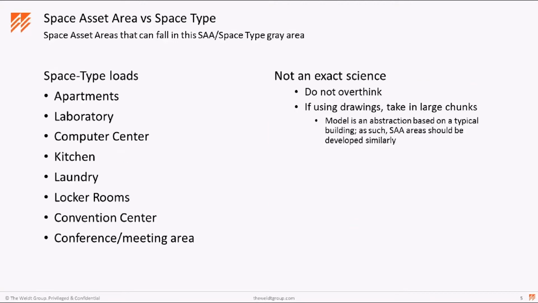Some additional examples of space asset areas that are more like space types are apartments, laboratories, again due to their varying loads, computer centers with their demanding plug loads, kitchens, as I already mentioned, laundry areas with their unique loads, locker rooms, convention centers, and conference meeting areas.